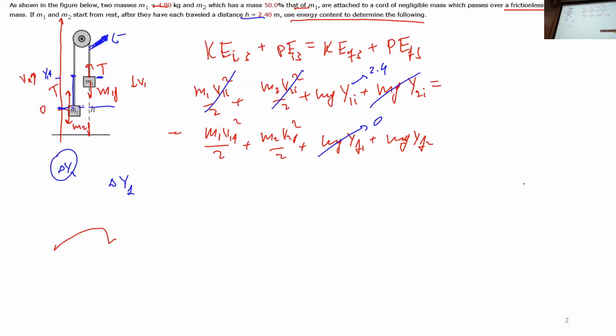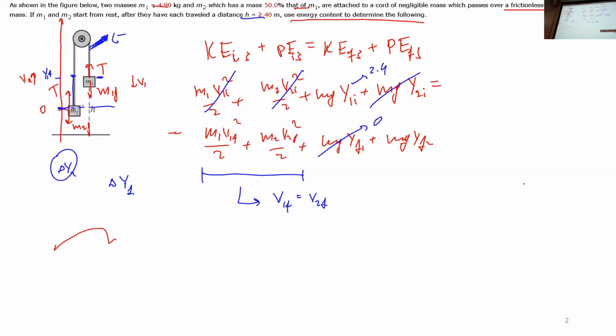And there is one more very important condition which is missing so far. What do you think we should add as an important condition, which we talked about for Atwood's machine? Their speeds would be the same, absolutely. This is not two different numbers.